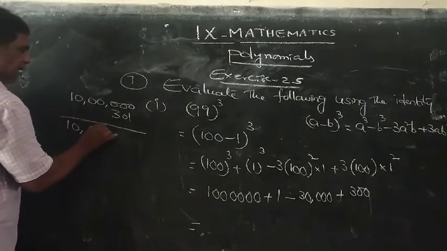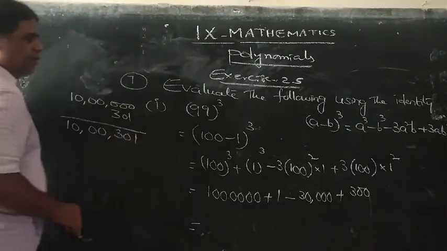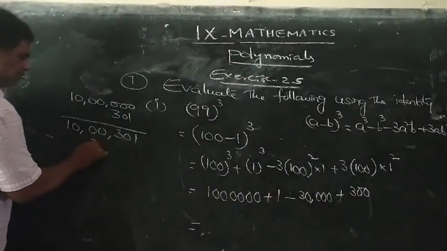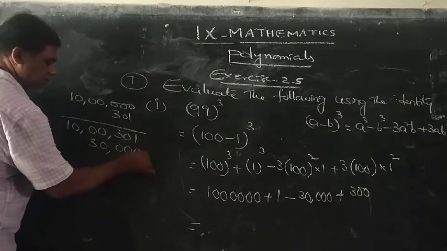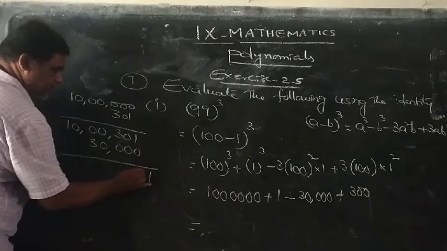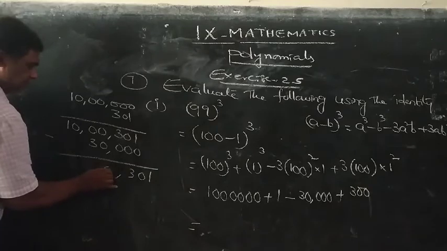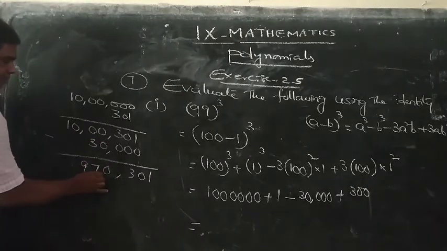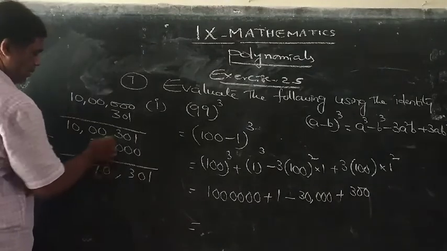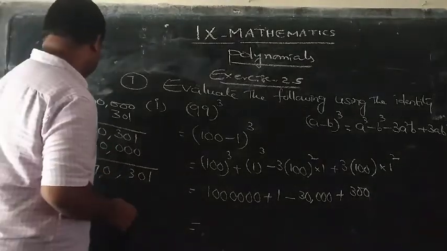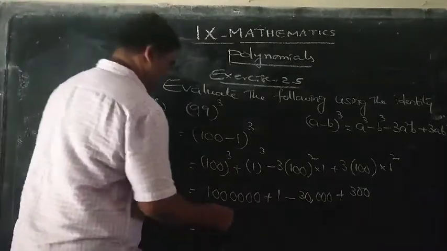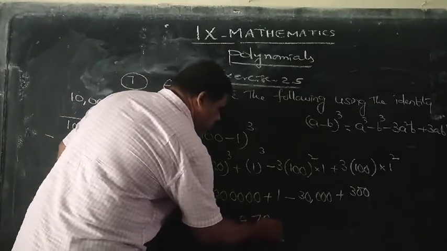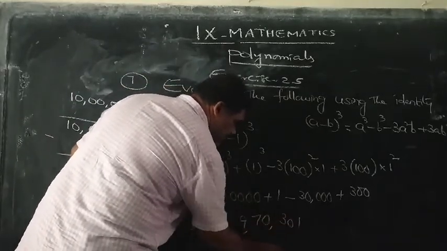So 10 lakhs 301. From this we have to subtract 30,000. So it is 9 lakhs 70,301.